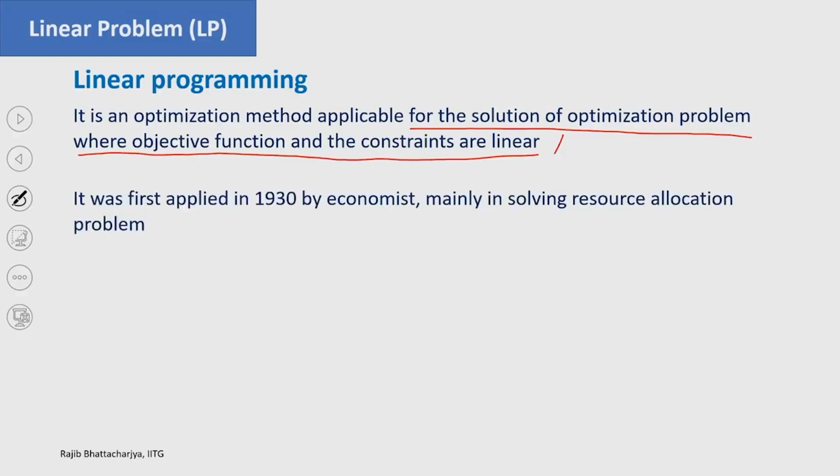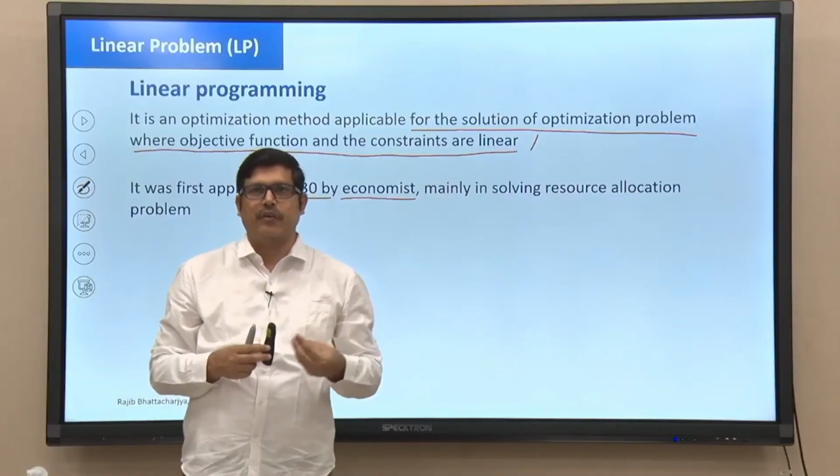It was first applied in 1930 by economists mainly for solving resource allocation problems. Suppose you have limited resources and you want to allocate them optimally. In that case this linear programming method can be applied, and people have used it basically for resource allocation. Okay.